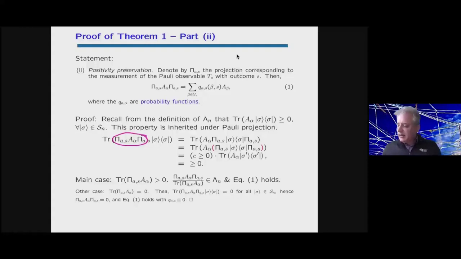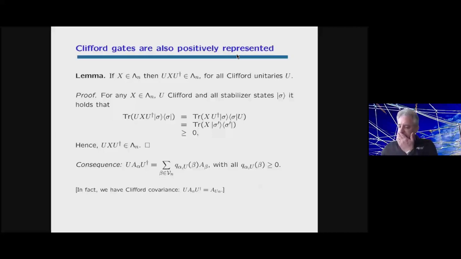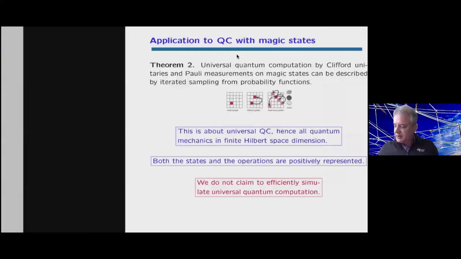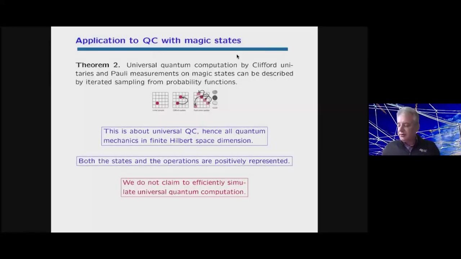Okay, good. Okay, so then let me move on. Clifford unitaries is the same story. I have no time to explain it in detail, but what we now have shown is that we have all the operations together to show that universal quantum computation by Clifford unitaries and Pauli measurements on magic states can be described by an iterated sampling of probability functions.